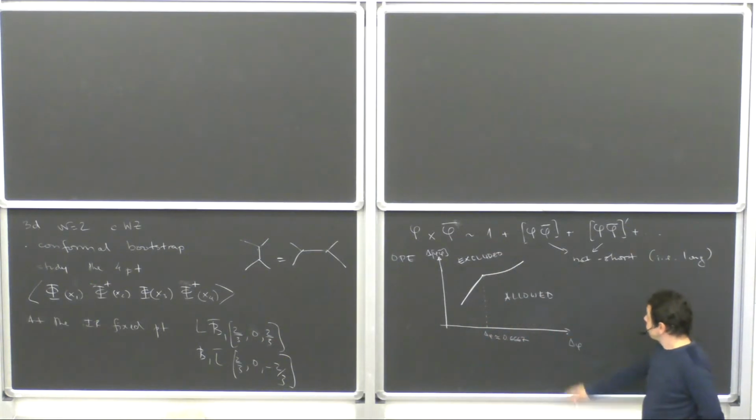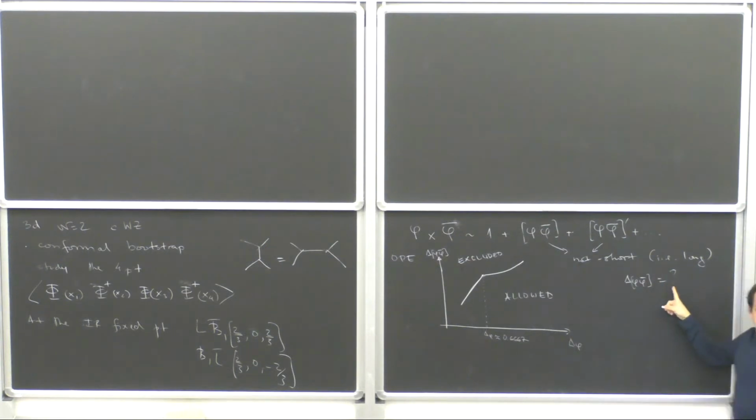Okay? So delta phi bar is a mystery of science, right? So we don't know how to compute this. Well, you can use the 4 minus epsilon expansion, but we don't know how to compute it exactly, analytically.